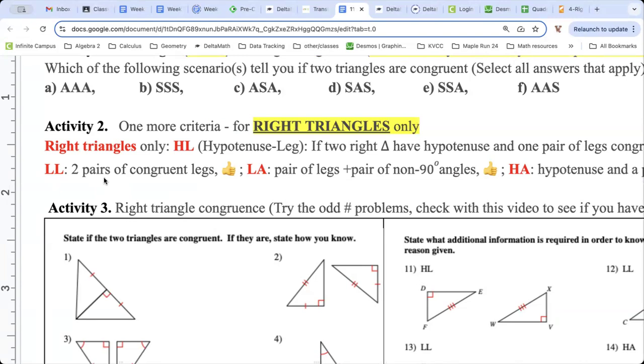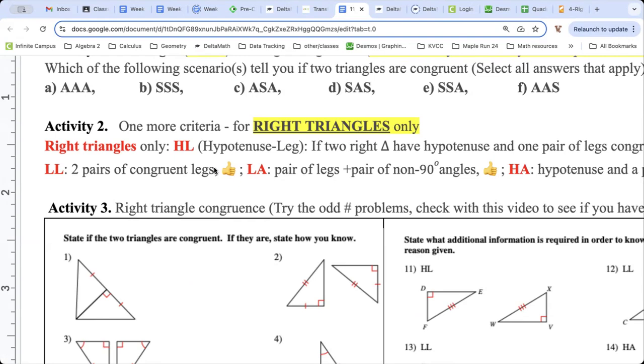Those two right triangles are congruent. Or if a pair of legs and a pair of non-90-degree angles are congruent, you're all set. So hypotenuse, leg; hypotenuse, angle; leg, leg; and leg, angle.